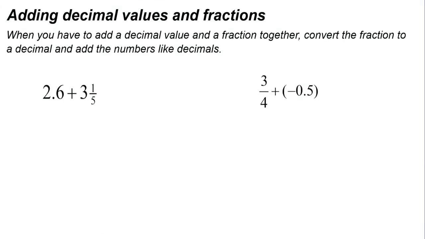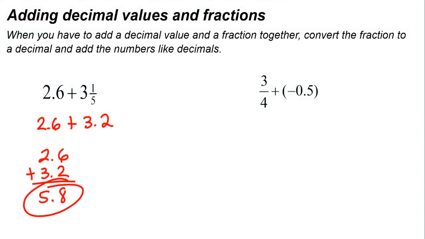So here we have 2.6 plus 3 1/5. Well, 3 1/5, we would change the 1/5 to a decimal, and 1/5 as a decimal is 0.2. So this is 2.6 plus 3.2. And when we add these together, we get 5.8. And we would leave it like that.